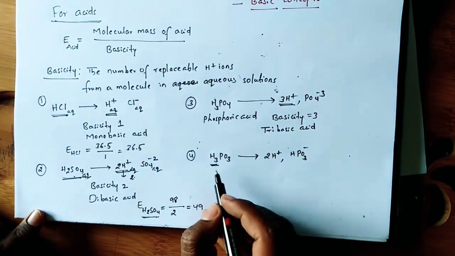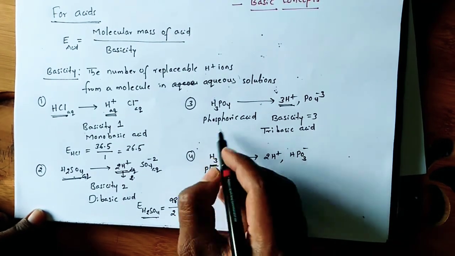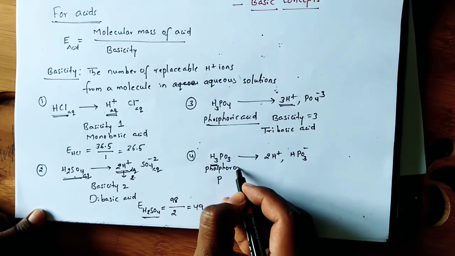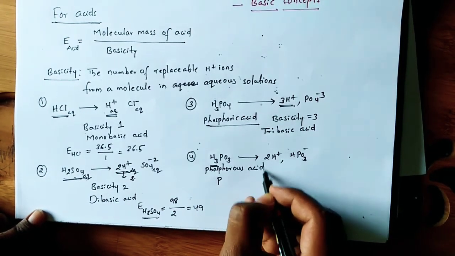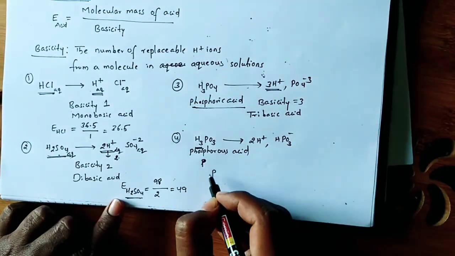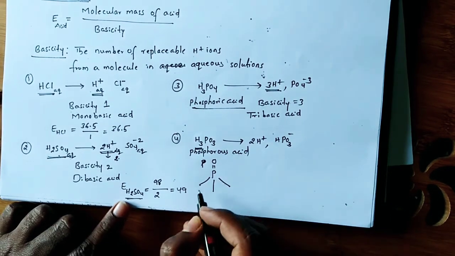Because if you see the structure of this phosphorous acid, this is phosphoric acid, this is phosphorous acid. Observe here the structure of phosphorous acid. It's a tetrahedral structure.